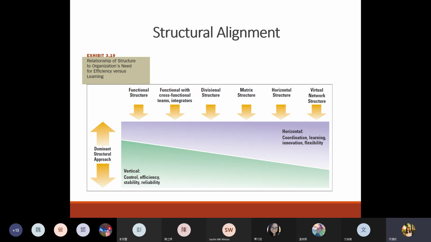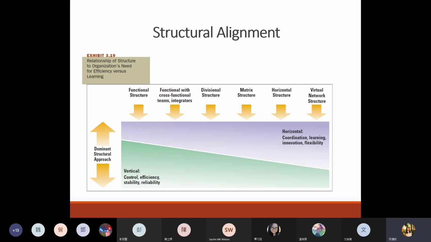So this is when it moves towards a more horizontal orientation. And then we have divisional structure, matrix structure, horizontal structure, and last, virtual network structure.